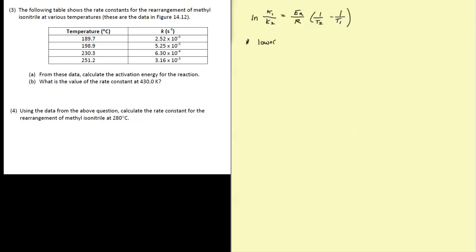So what we do is we're going to set up a relationship between a known rate constant value at a known temperature, and we're going to compare it to a new rate constant at a given temperature. In this particular case, the lower of the two temperatures must be T1, which means that the rate constant that goes along with it is going to be K1.